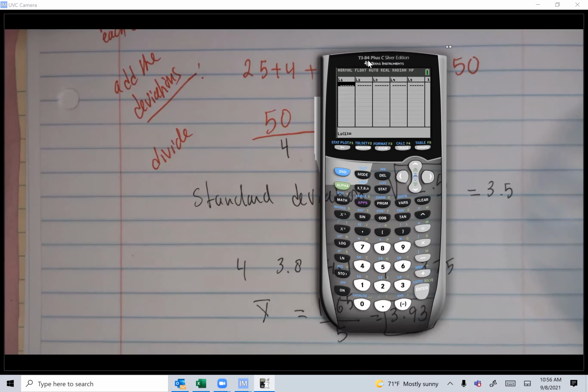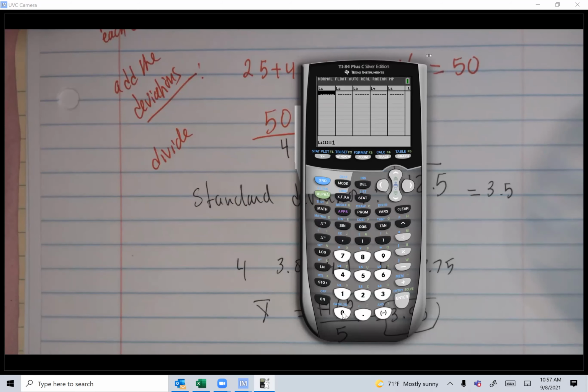Okay. Let me start with the values that I put at the very beginning. So I have 10, 3, 7, 4, 1. Okay. And I'm ready to show you the standard deviation.